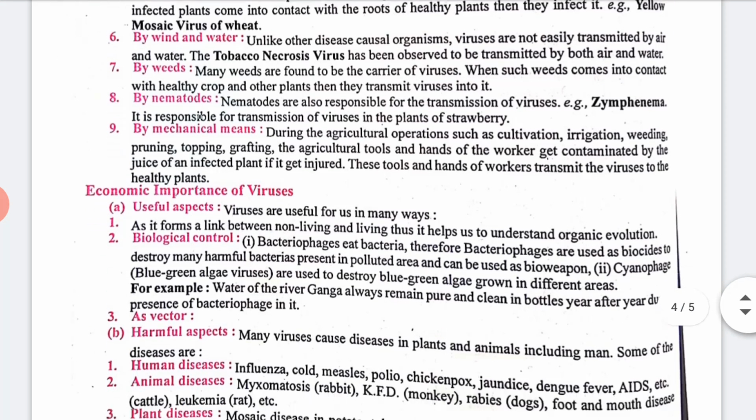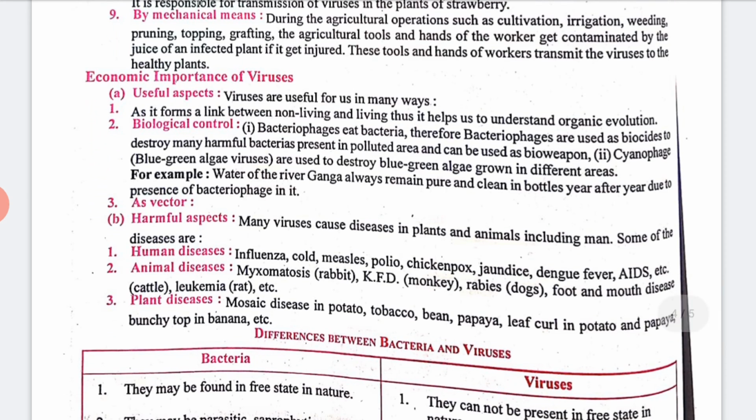Let us talk about the economic importance of viruses. Useful aspects: as a link between living and non-living, it helps us to understand organic evolution. We can also do biological control. Bacteriophages eat bacteria, therefore bacteriophages are used as biocides to destroy many harmful bacteria present in polluted areas, and can also be used as a bioweapon.